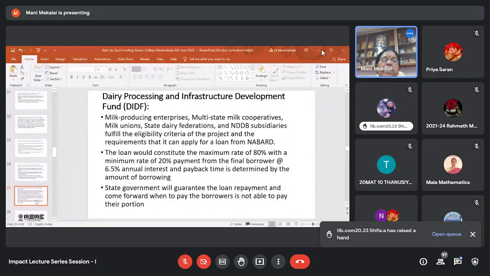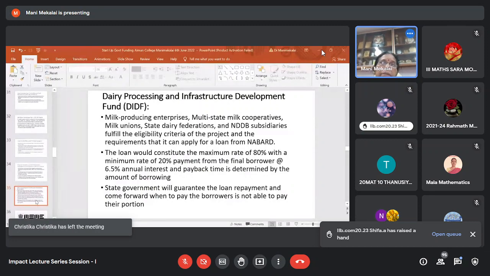And finally, the dairy processing and infrastructure development. This is a very important scheme, particularly for those areas where dairy production is widely available. Milk producing enterprises, multi-state milk cooperatives, milk unions, all these can apply for this, particularly to NABARD.